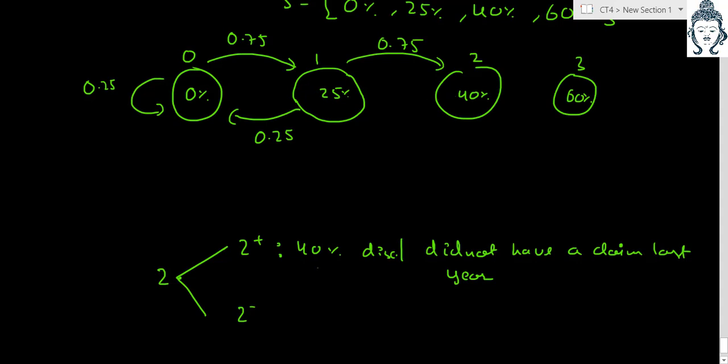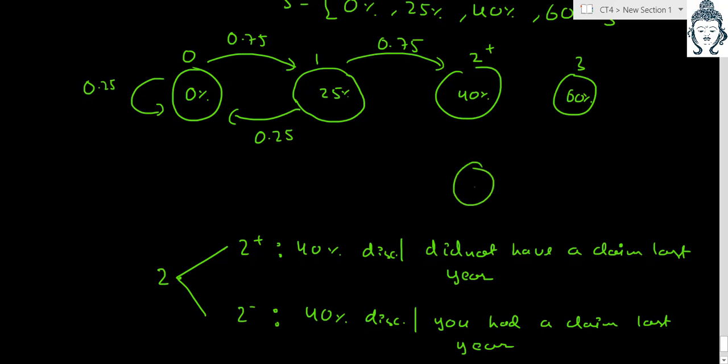That is why he is in 40. The other part is 40% discount given that you had a claim last year. So I modified it into 2 parts. This can be written as 40% 2 plus, and you can have another state that is 2 minus.